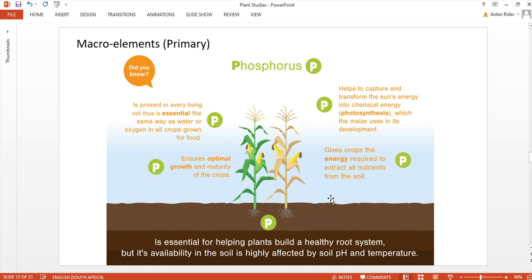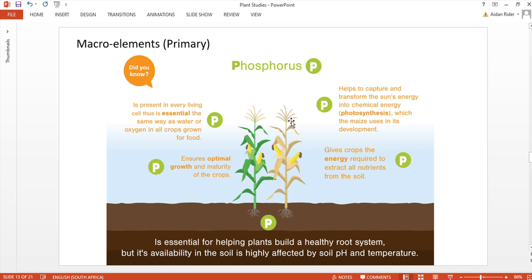So what also can happen is that with older leaves, the new ones will be up top, and the older ones could appear purple in color, because all of the phosphorus that was in the older leaves now goes to the younger leaves because the plant still wants to grow.